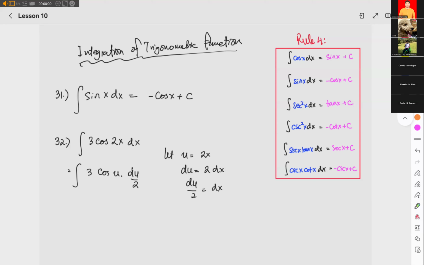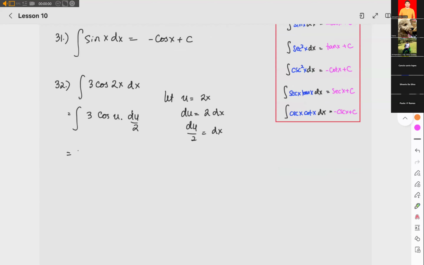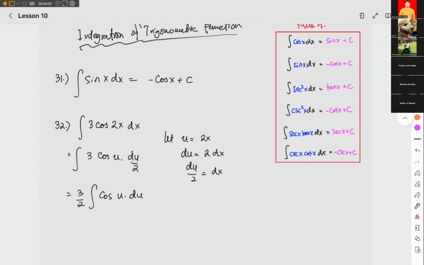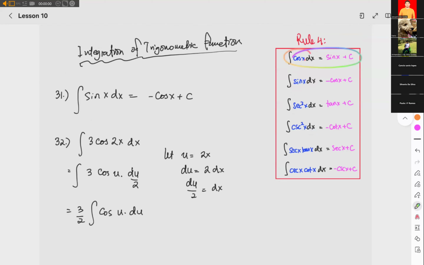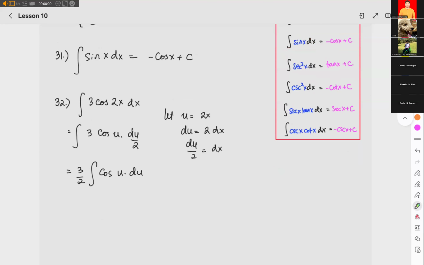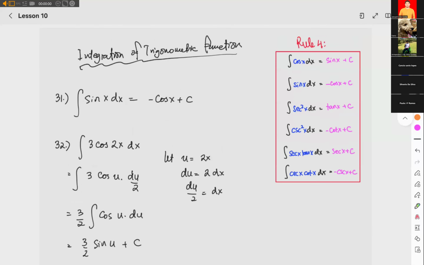So we have the integral of 3 cosine of u times du over 2. 3 over 2 is simply a constant, so you take it out. The integral of cos of u du, you know that the integral of cosine is simply sine of u plus c.